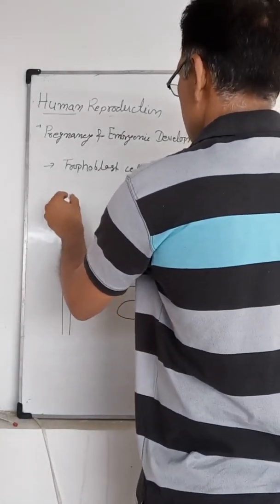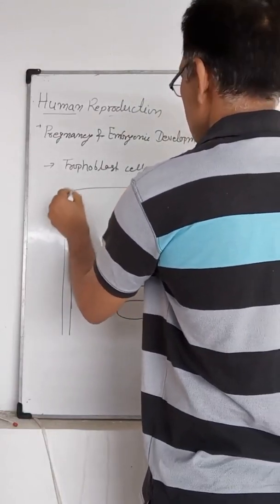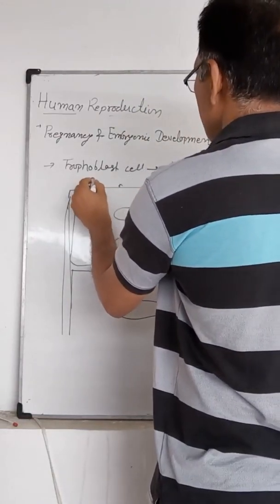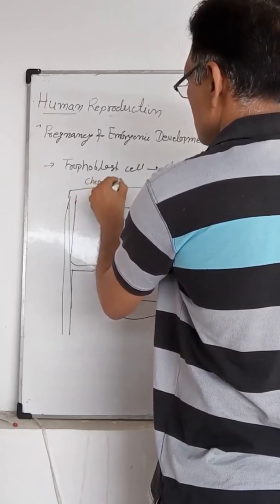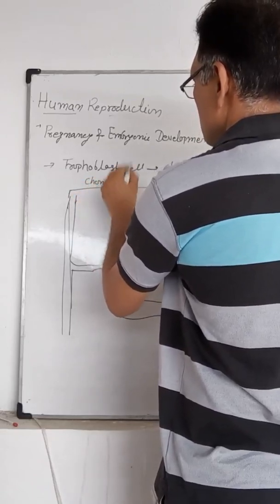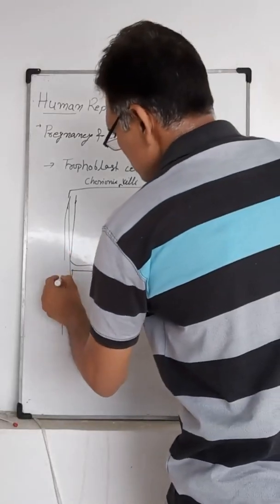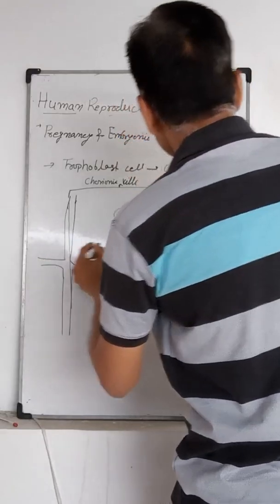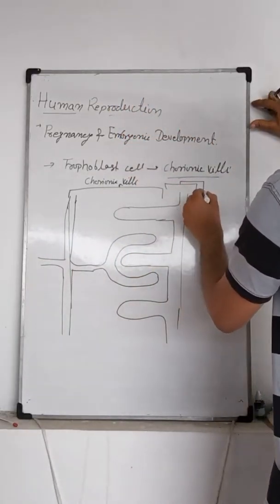From here to here, the portion is known as chorionic villi, formed from the trophoblast of the zygote, and this portion is known as endometrium.